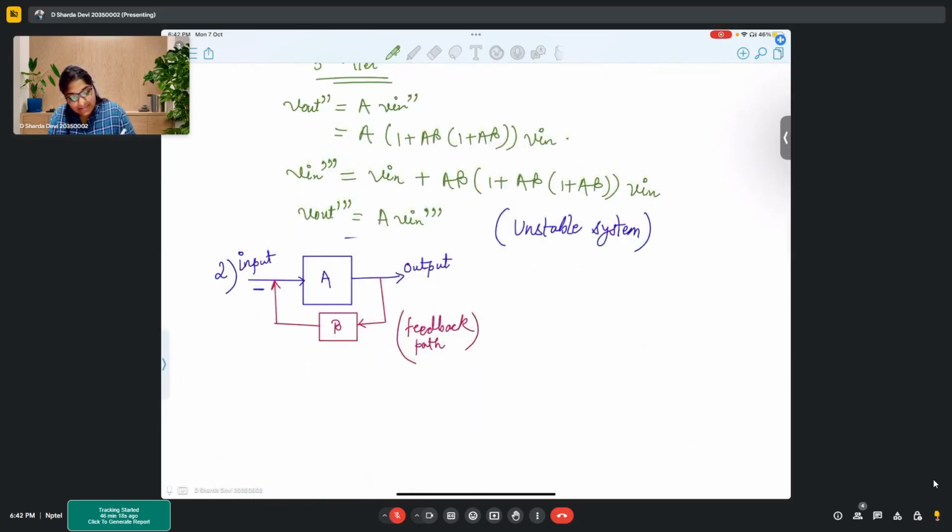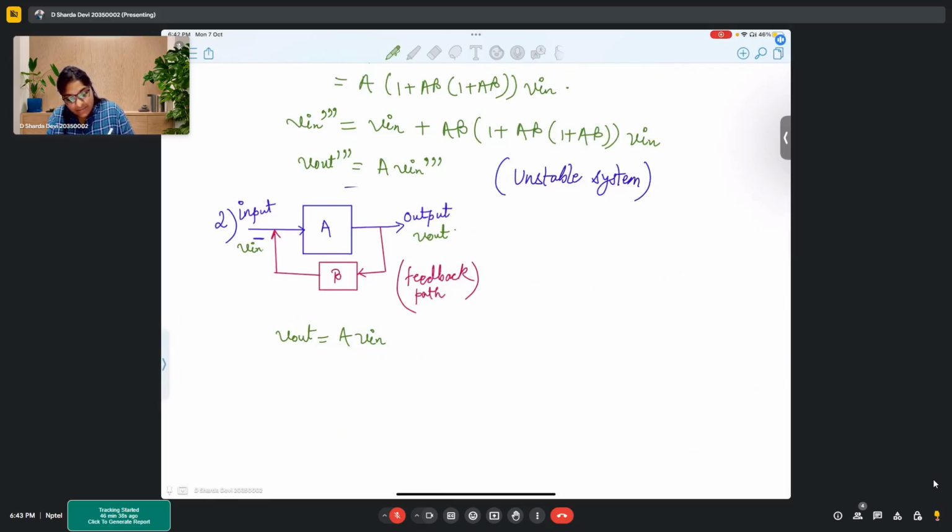And for the first stage, so starting with, we have V out as A into V in. As again, you will have V in over here, V out here. So now this V out is being fed here. You get beta V out here. But see the new V in, that is V in dash, is V in minus of beta V out.